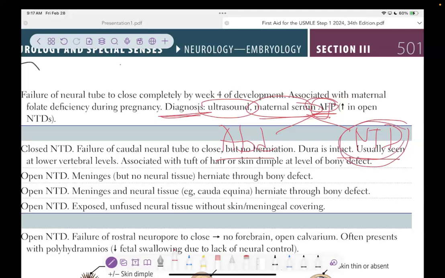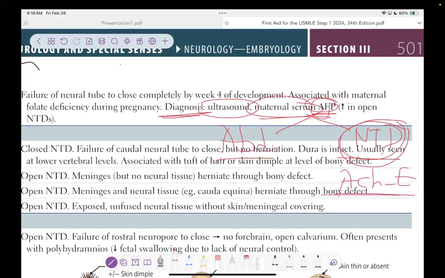Whenever we say neural tube defect and alpha fetoprotein is increased, we say that this alpha fetoprotein is coming from the back whenever we see another enzyme, which is called acetylcholinesterase. Acetylcholine, you all know, is a neurotransmitter.